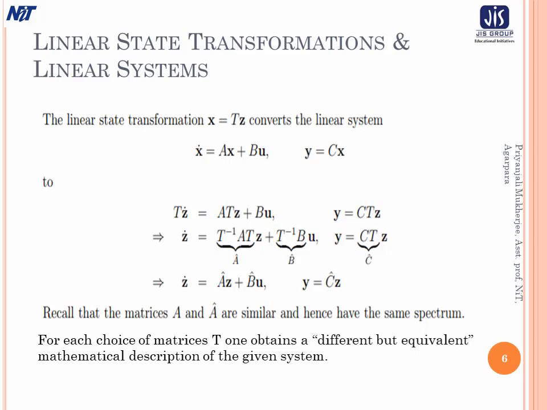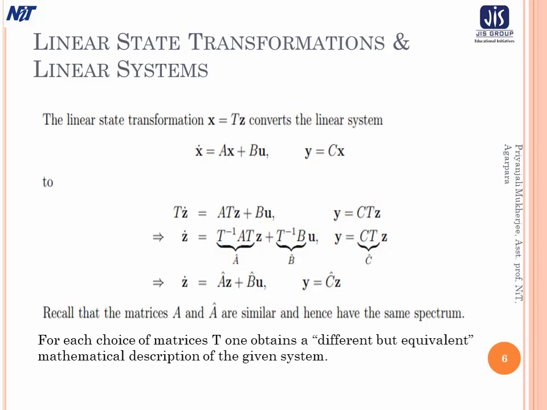In this form, the diagonal matrix A has the advantage that each state equation is a function of only one state variable. Hence each state equation can be solved independently, and therefore the equations are said to be decoupled. This decoupling feature is very useful in the analysis of the system.